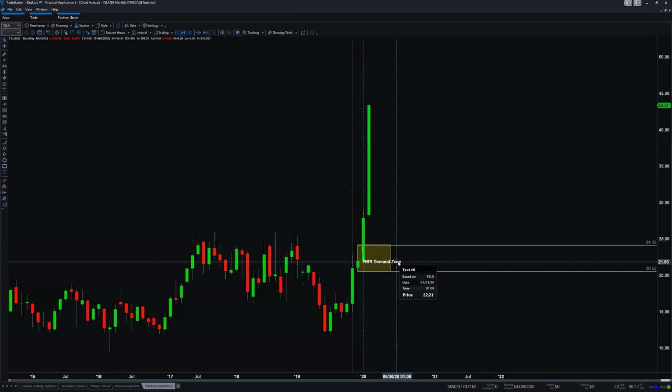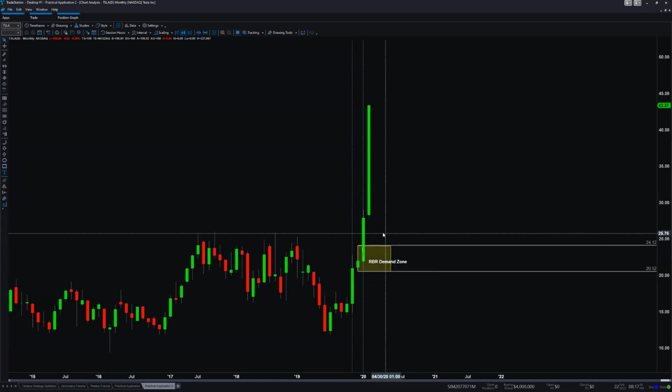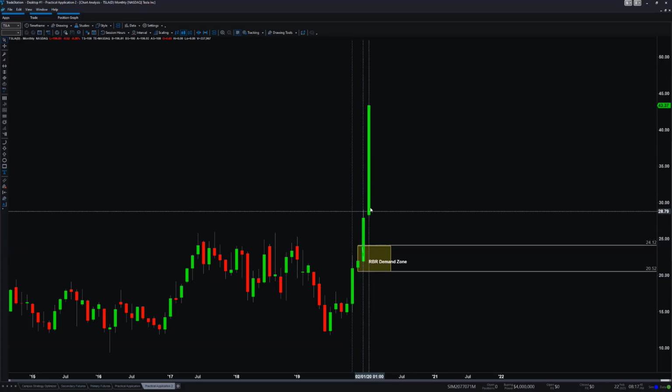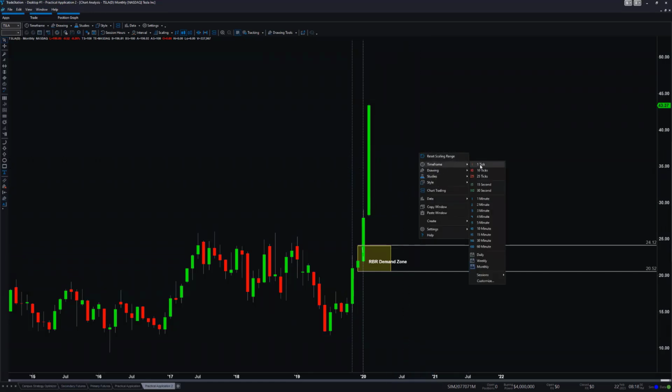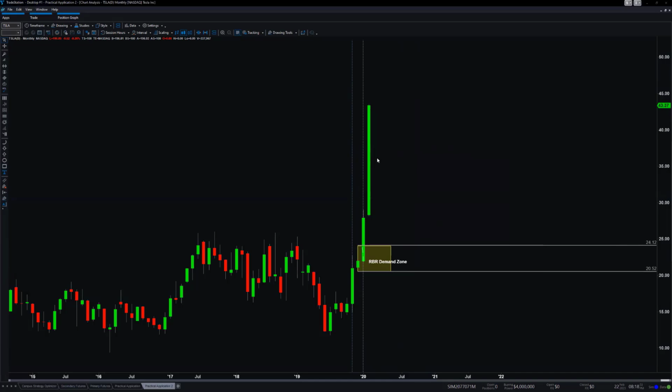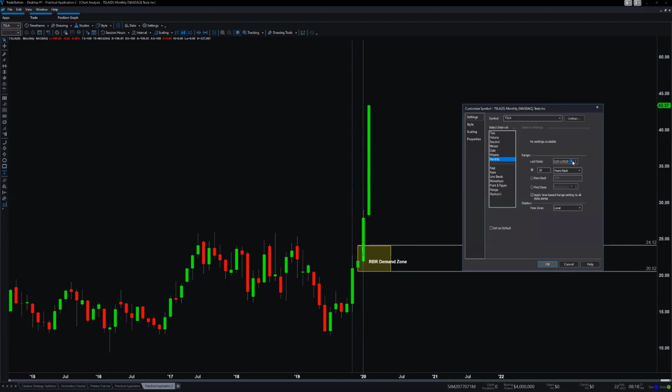Now, what would we expect if we would find a demand zone that's high in quality? We would expect, as price comes back, that demand zone to hold, and we would expect willing buyers to come into play to push price higher. Now, we can test the demand zone that Zina found, and we can just move forward a couple of months.